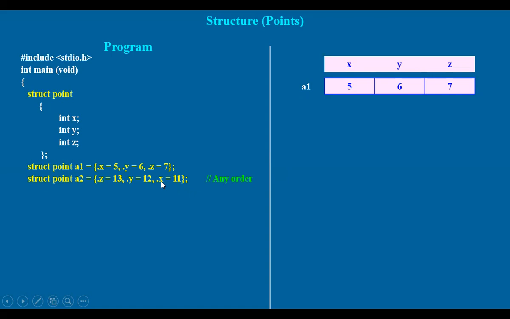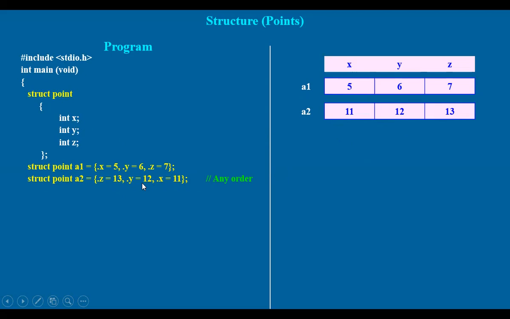Because we have the name of the field X, it goes to the first one. If you see the assignment, the X value goes to the first one, 11. Second, Y, second place. Z, third place.